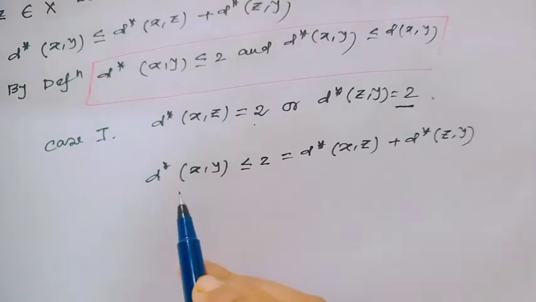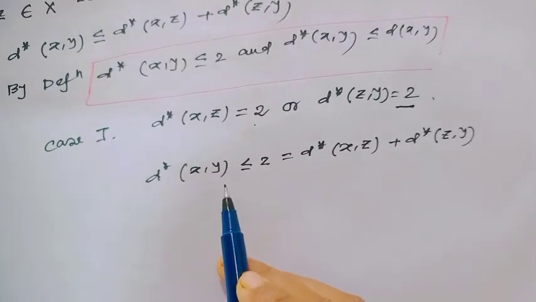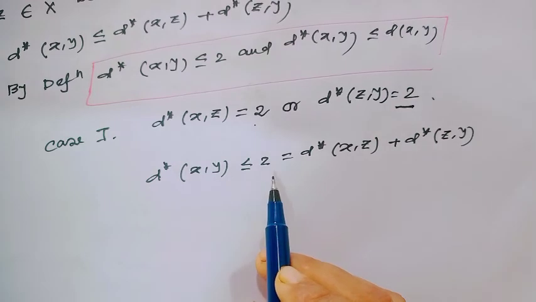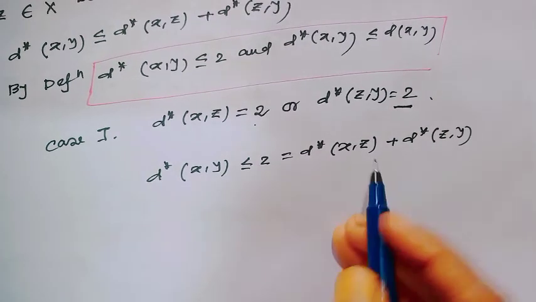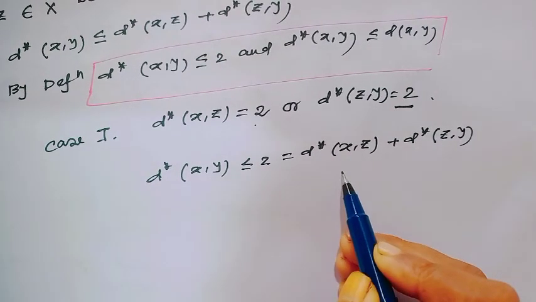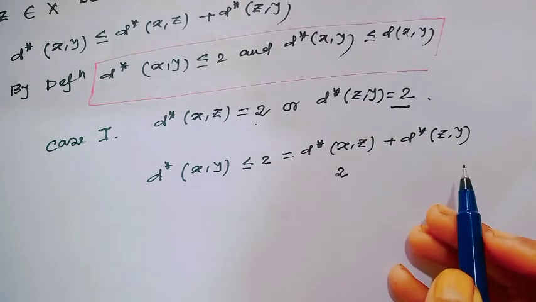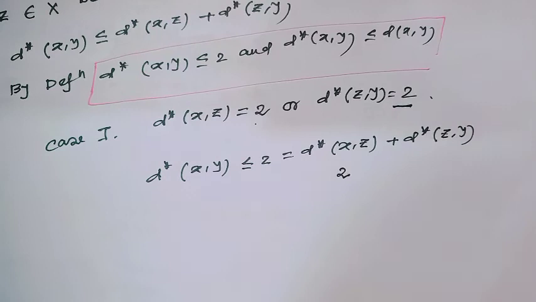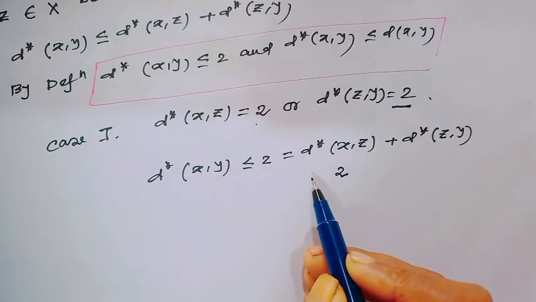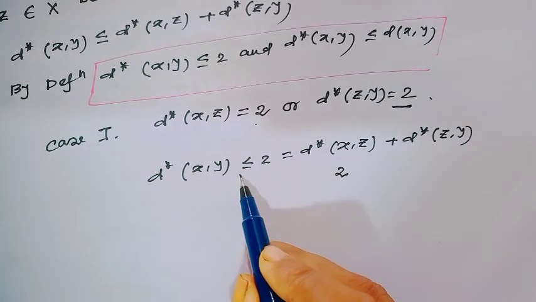Then obviously D star xy is less than or equal to 2, because whether this is 2 or another number, this value would be less than or equal to 2.